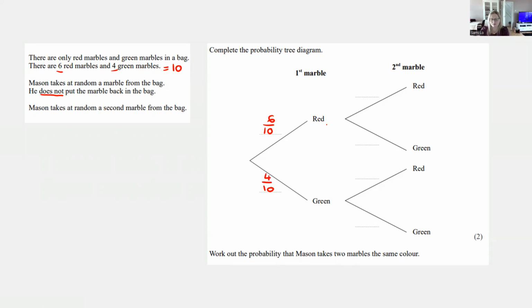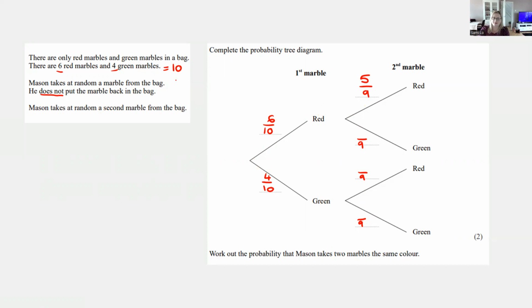Now, if he chooses any marble, the total is going to drop down by 1 because we're taking a marble away. So if in doubt, you could just write these in straight away. Now, he's chosen a red. That's what it means when you choose the red line. So that needs to drop by 1.